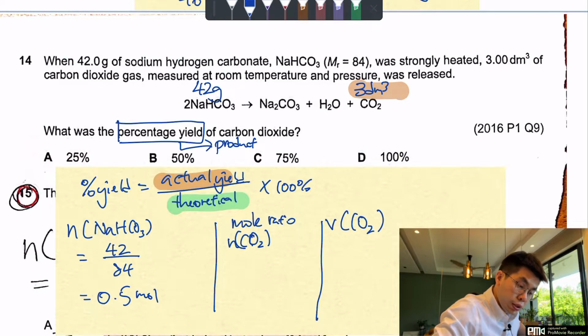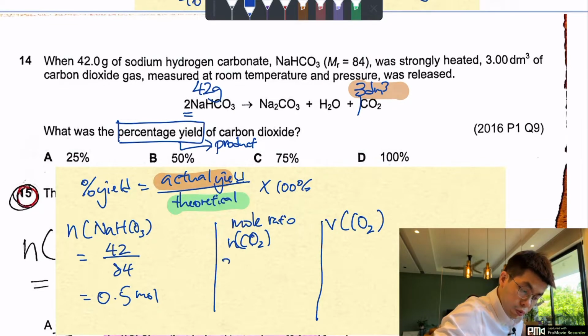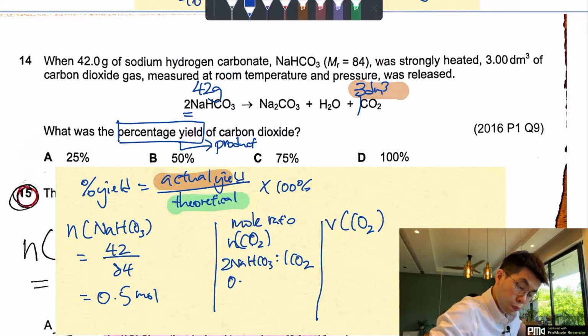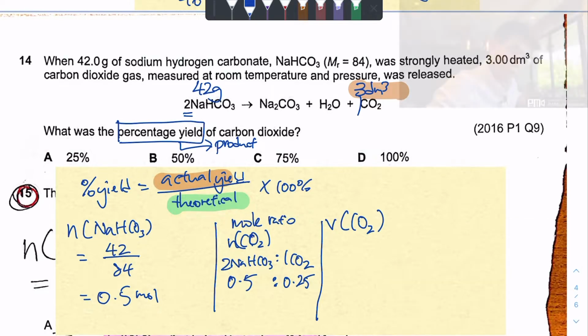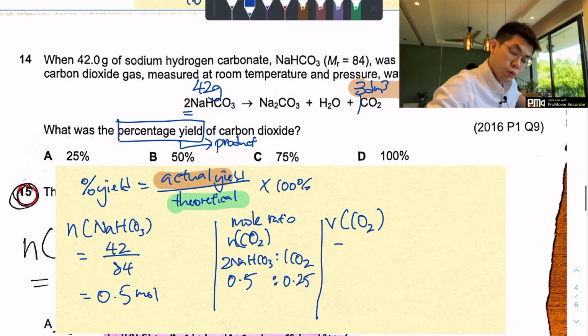The mole ratio is 2 NaHCO3 to 1 CO2, so that is 0.5 to 0.25. The number of moles is 0.25, so the volume is 0.25 moles times the molar volume, 24 dm cube, which is 6 dm cube.